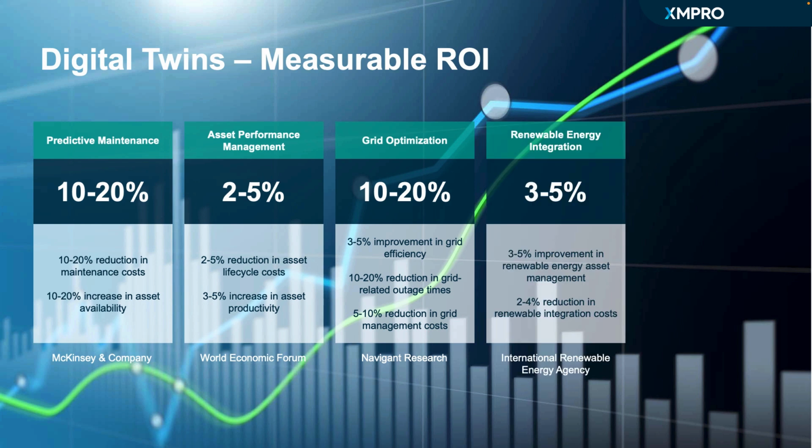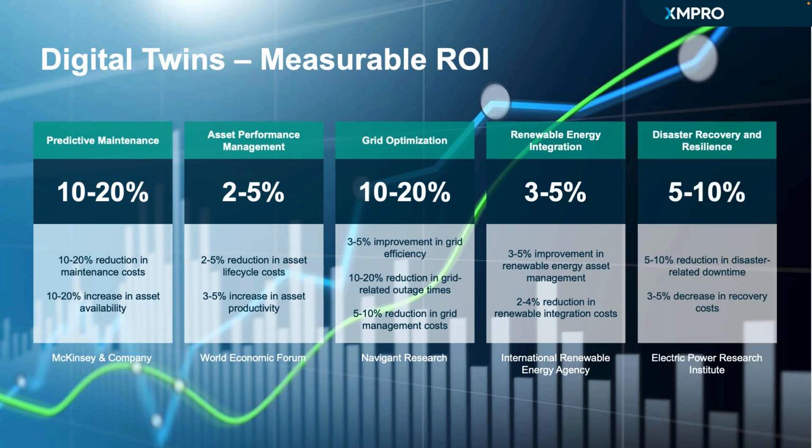From Navigant Research, if we can now start integrating some of these new generation or alternative energy sources in a structured way, then again, the impact is anywhere from 3 to 5% in terms of improvement in getting those online. And lastly, disaster recovery, things like natural disasters. How do we recover from that? How do we recover quicker?